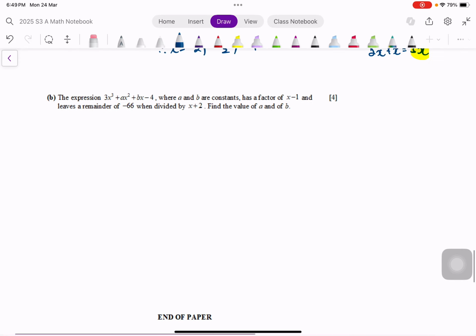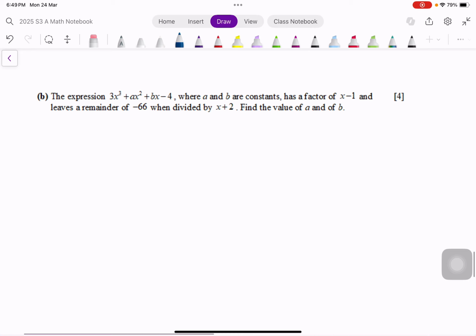Okay, now let's go to part B. The expression, where a and b are constants, has a factor of x minus 1 and leaves a remainder of negative 66. This one, again, is simple. Because when we do this, we must always let f(x) be something first.